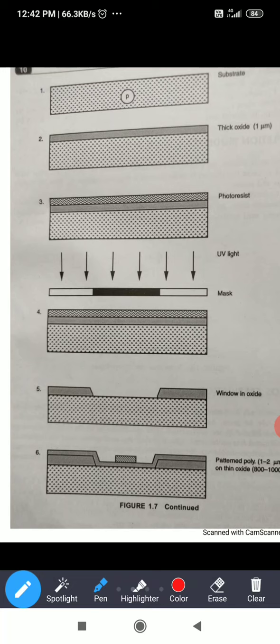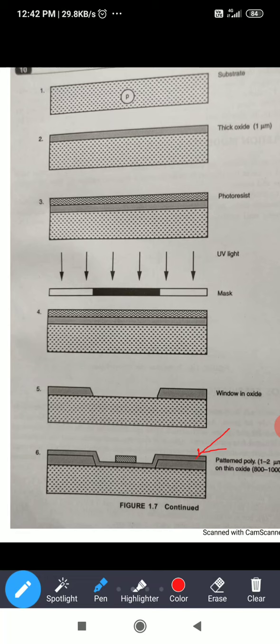Before growing the gate structure, we apply patterned poly. Then we apply thin oxide. This is called thin oxide.